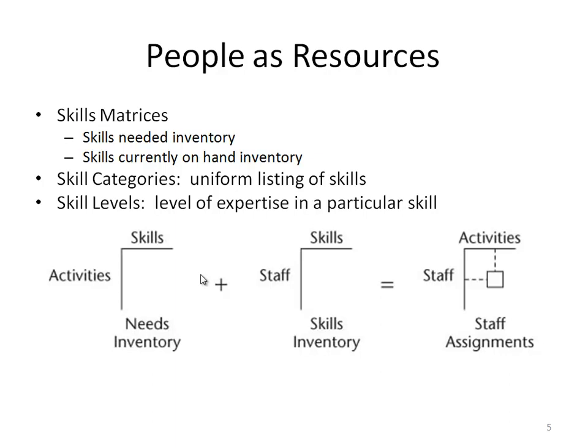The list should include uniform listing of the skills and the level of experience in each skill. If the skills are the same, there should be standard naming, so everybody will be on the same page when we state a certain skill or document a certain skill.